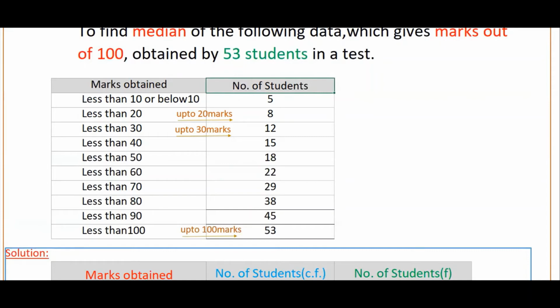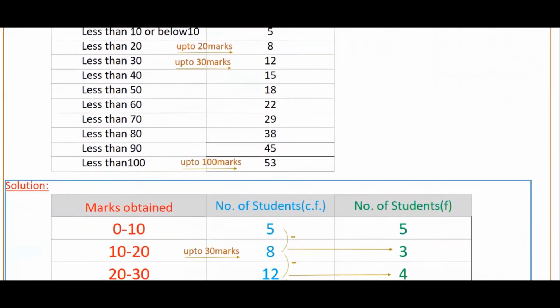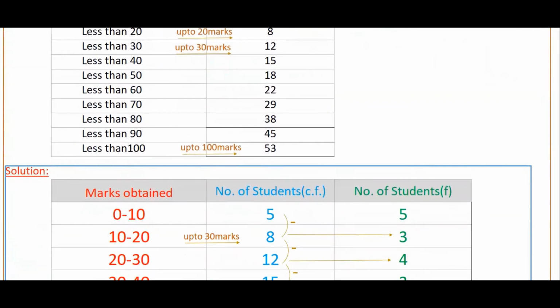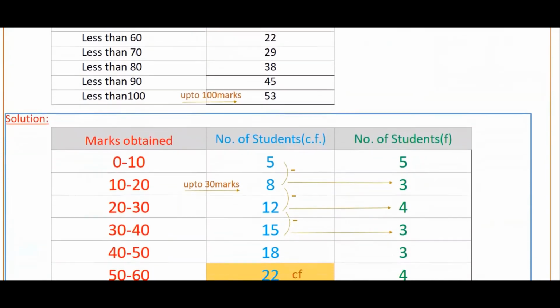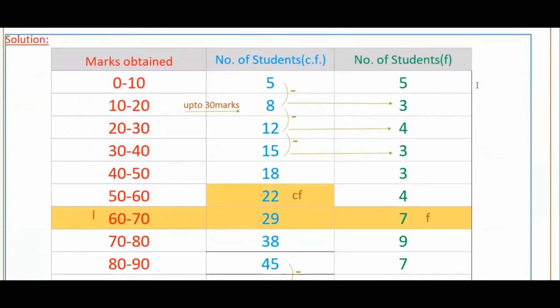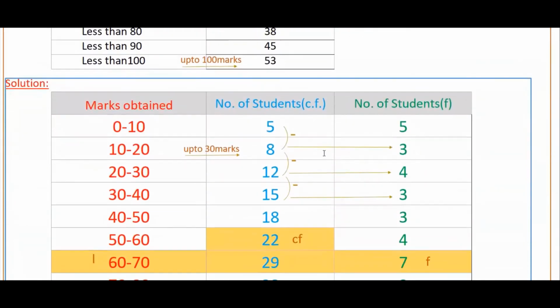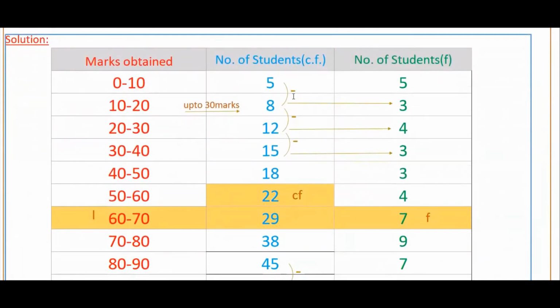So first you have to write this table. You have to write in class interval form and also find the frequency values. Here cumulative frequency values are given, so you have to find the frequency values. So first write less than 10 as 0 to 10, and 10 to 20, 20 to 30 like this. And these are the cumulative frequencies given in this problem. And you can find frequency values, which I have already told in the previous problem.